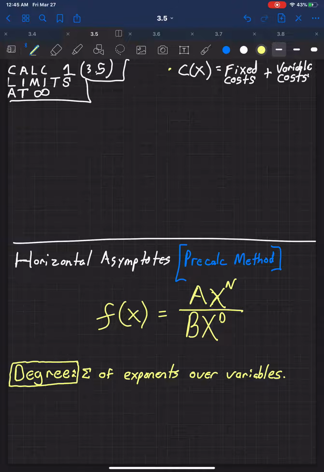Whether you make anything or not, you're going to have to pay that lease payment at the end of each month. And then you have a variable cost, right? Now the variable cost might be if you have an employee and you have to pay them per hour. Well, that cost is going to vary depending on how many hours your employee works.